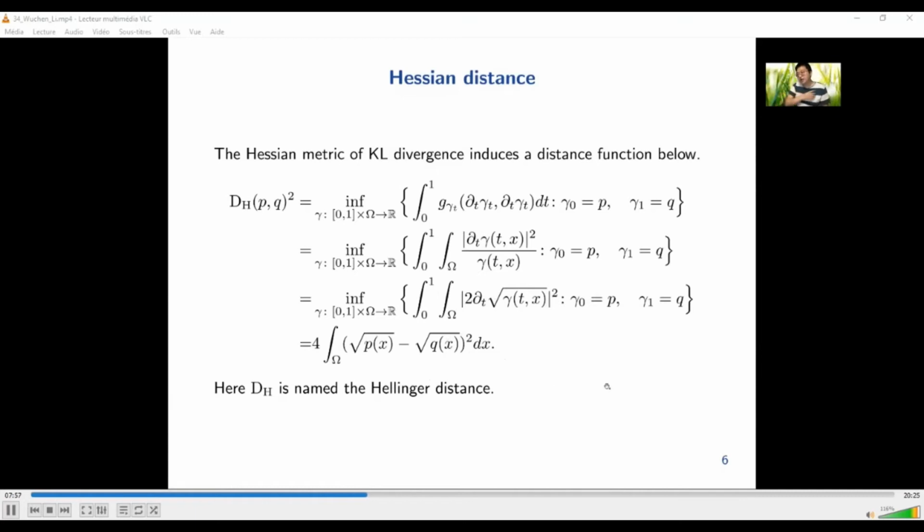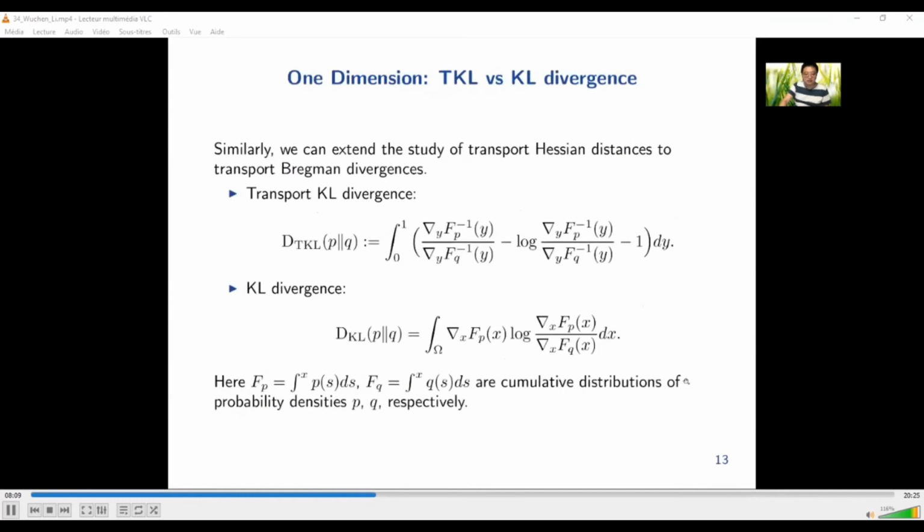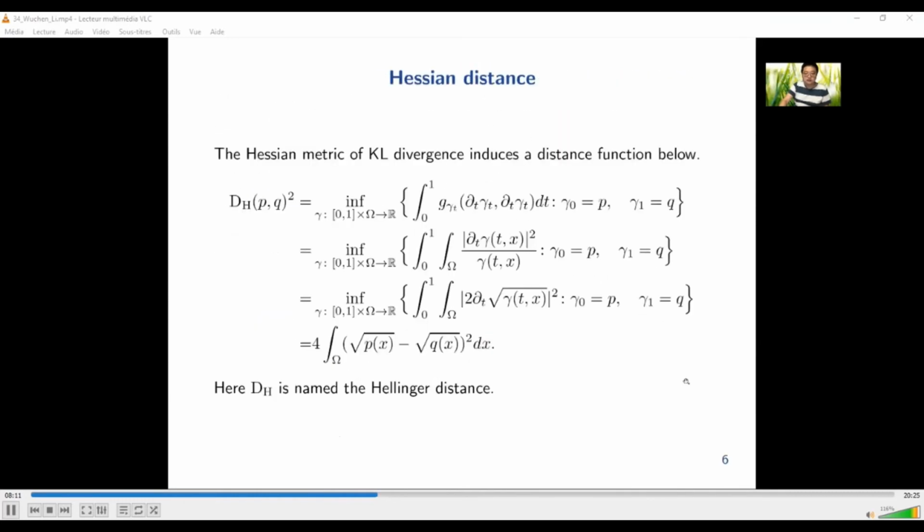And this is the so-called Hessian distance function. Now, from these several lines, if I know some Hessian metric, I should expect to modify my Euclidean metric, which in this case is the L2 metric, p minus q squared, into square root of p minus square root of q squared.